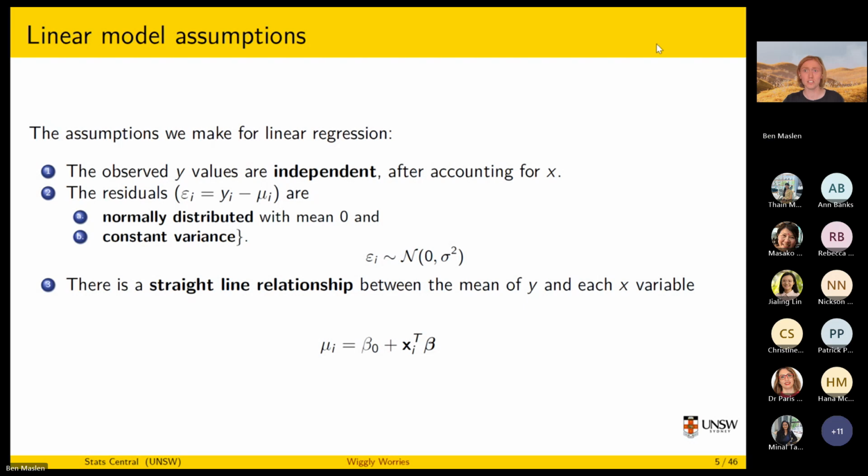Now, whenever we do more complicated stats that isn't a linear model, it's generally because one of these assumptions has failed, or we can't satisfy it, and we need to relax that assumption by fitting a new method in order for the assumptions then to be satisfied. And that's where we come in for this lecture. This assumption here isn't always satisfied. You don't always get this nice linear relationship. So in that case, what do we do?